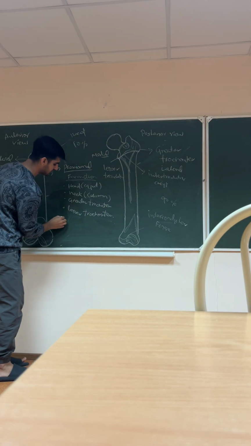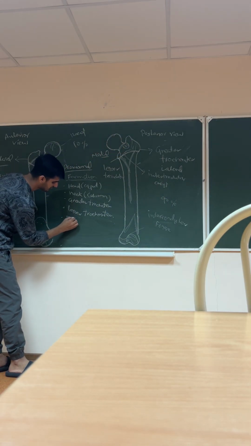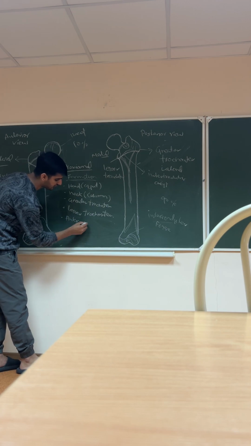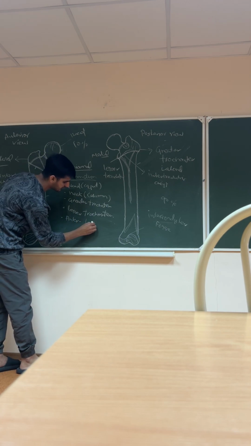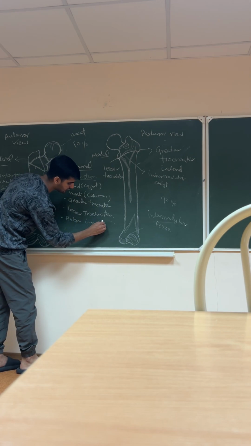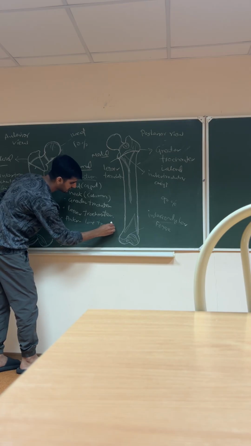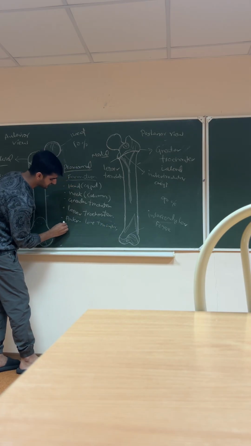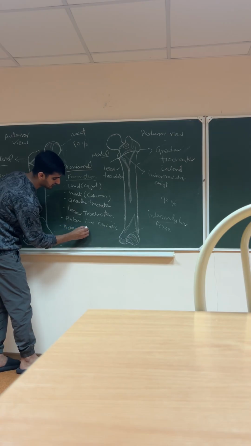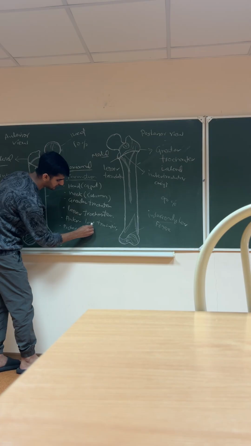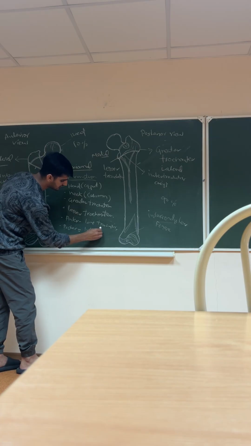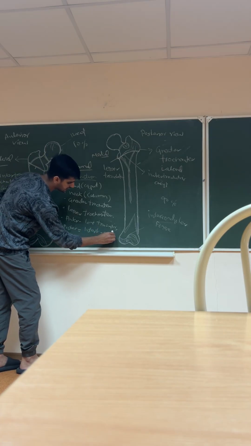Again, on the anterior side we have the intertrochanteric line, and on the posterior side we have the intertrochanteric crest. Understand?